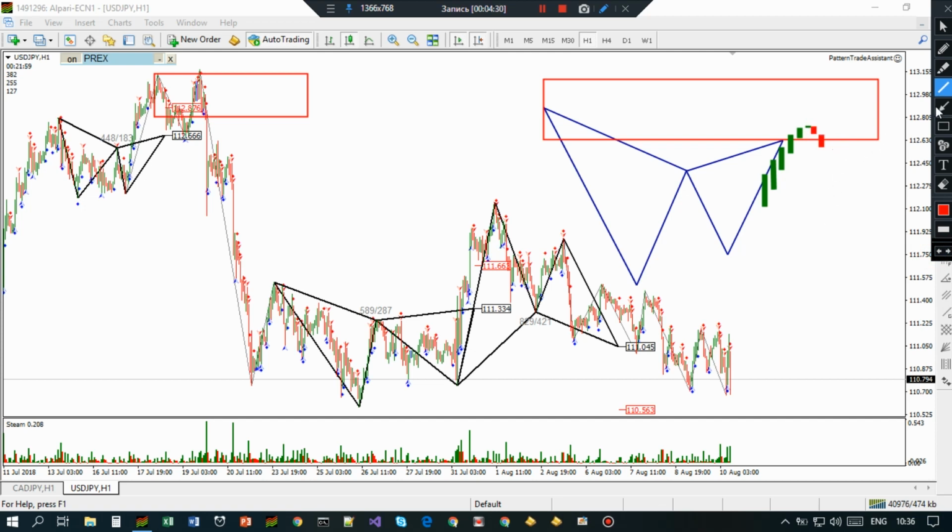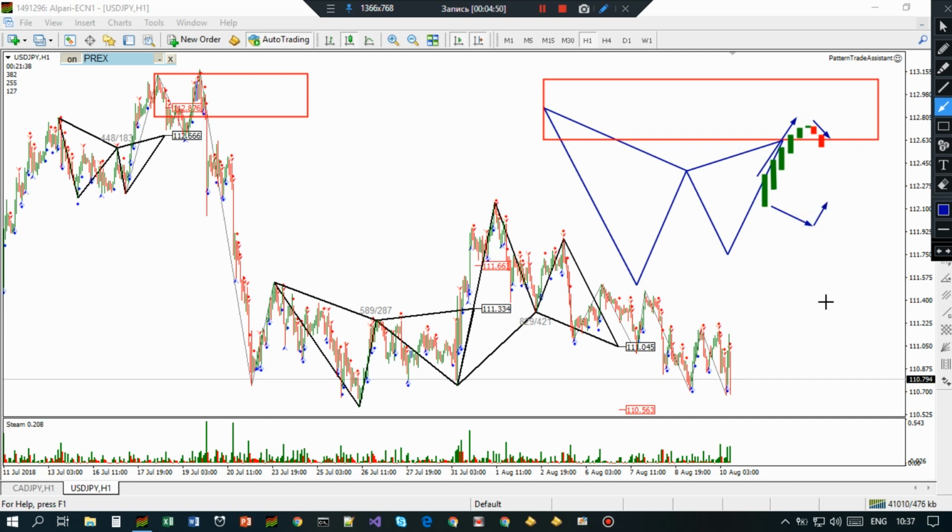So what we would like to see here is that while price is approaching, the bodies become smaller and smaller and smaller, so the momentum fades, and while price moves to the downside, the momentum rises.